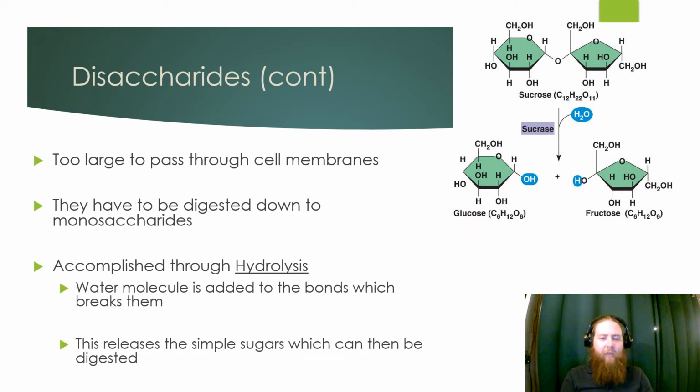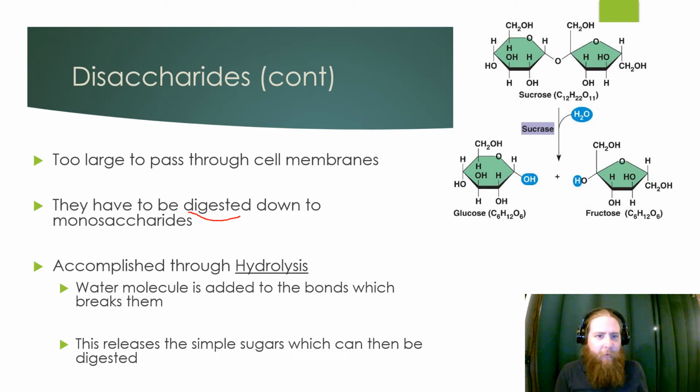So disaccharides are too large to pass through cell membranes. This means that if you get it inside of your cells, you can store it there because they can't get back out. If you're ingesting it and you want to get it into your cells, you have to digest it down to monosaccharides, those simple sugars.